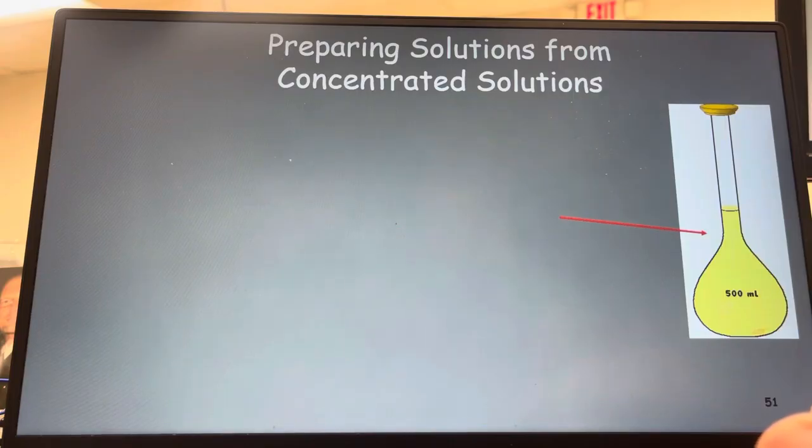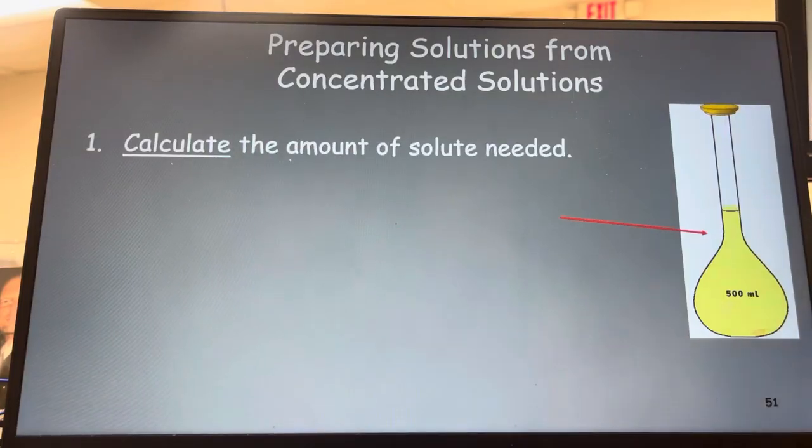Preparing solutions from concentrated solutions. Okay, so let's imagine, in chemistry, oftentimes a chemist, and I've done this before, even though I'm not a chemist, I'm a biologist who teaches chemistry, but in biology, biologists have to know how to do this too, as well as chemical engineers and doctors and all sorts of people.